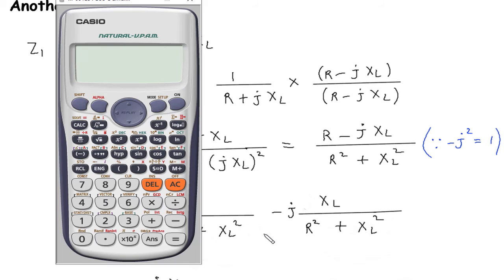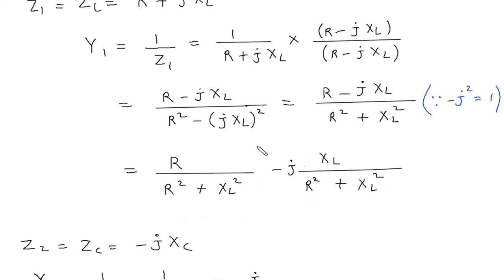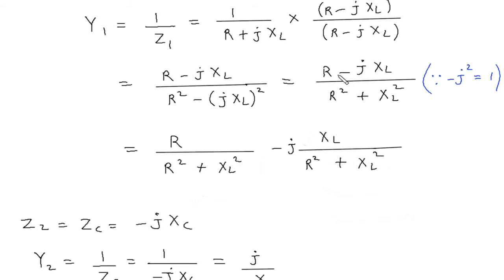We can verify this. Then if we separate this, R over the denominator minus jXL over the denominator. So this will be R/(R² + XL²) − j XL/(R² + XL²).